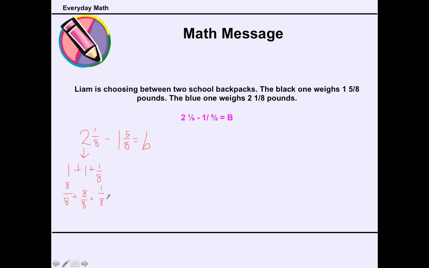And then if I add these, I get 8 plus 8 is 16, plus 1 is 17. So 2 1/8 is equivalent to 17/8.